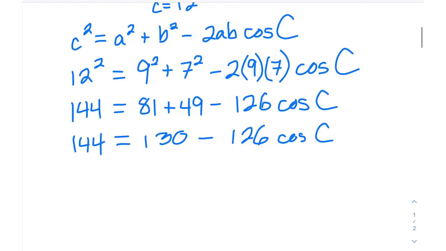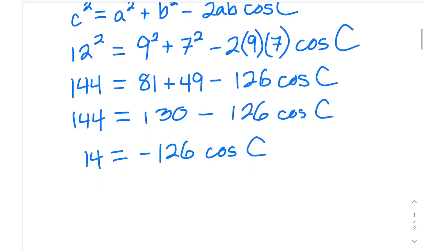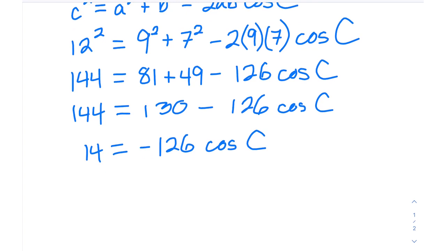Subtract 130 from both sides, so we would get 14 equals negative 126 cosine C. And when we go to solve, we're going to have to divide by negative 126.